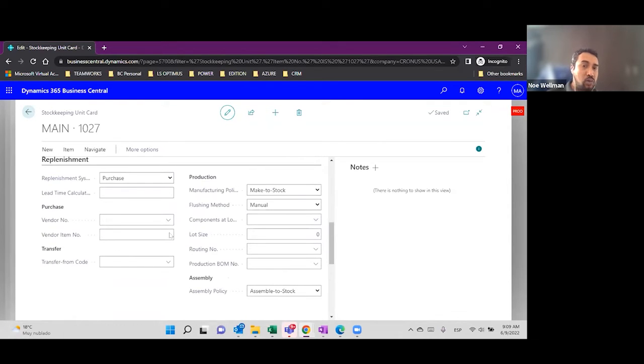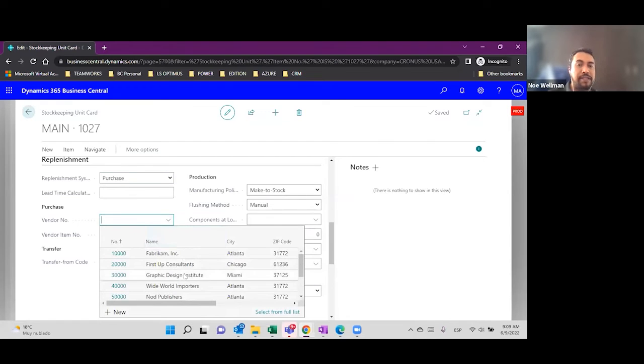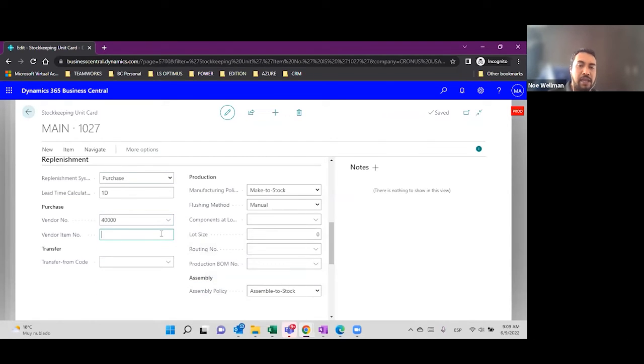So this warehouse manages characteristics specifically for this warehouse only, to manage my items in different ways. I can purchase my product here in the replenishment tab, but in this warehouse I might require one specific vendor if necessary. Things like this.